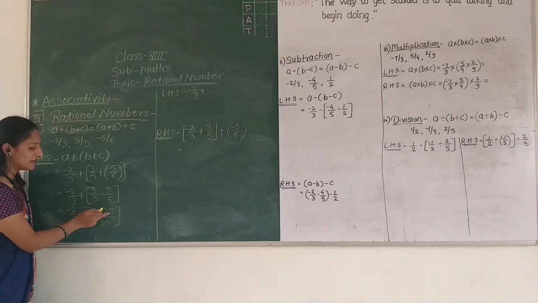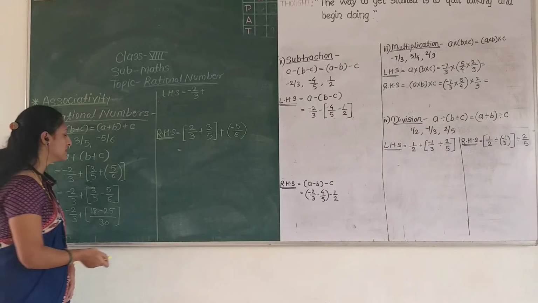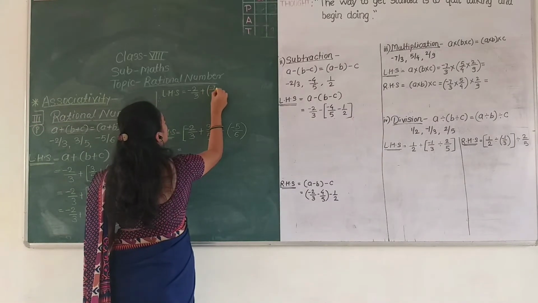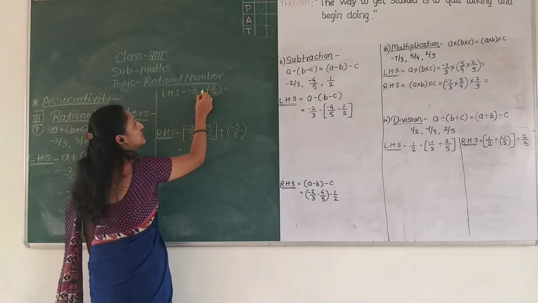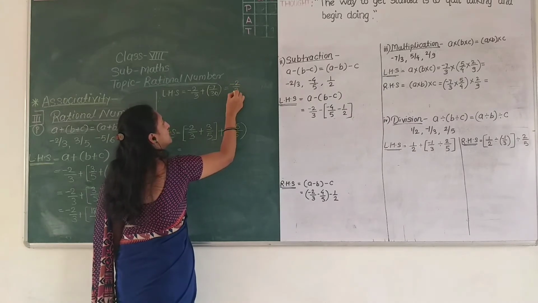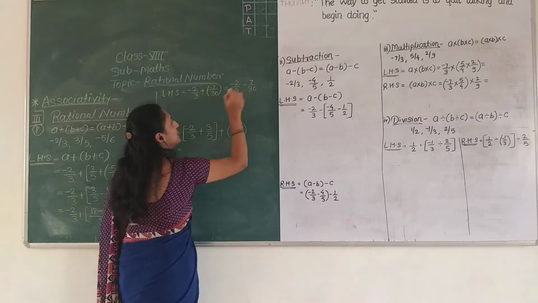So now 25 minus 18 is 7. So the answer is negative 7 upon 30. Negative 7 upon 30. Right? Now here again positive into negative is negative. That is negative 2 upon 3, negative 7 upon 30.